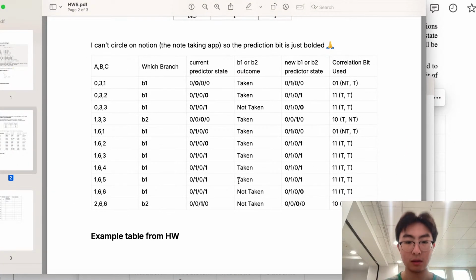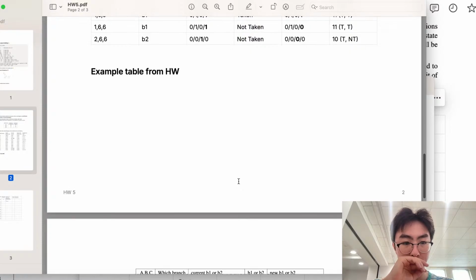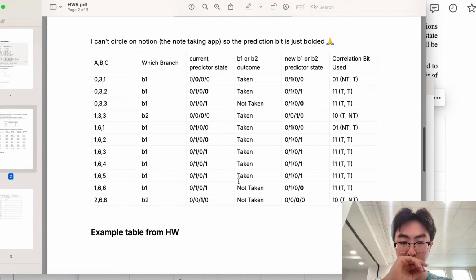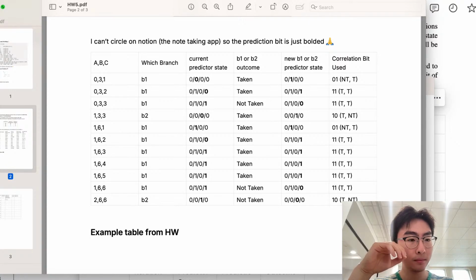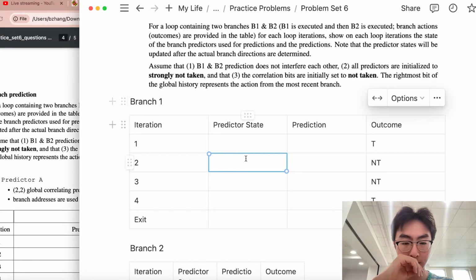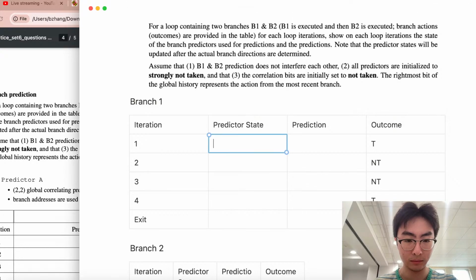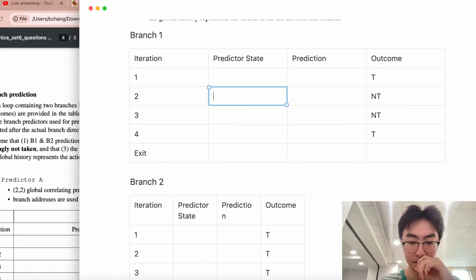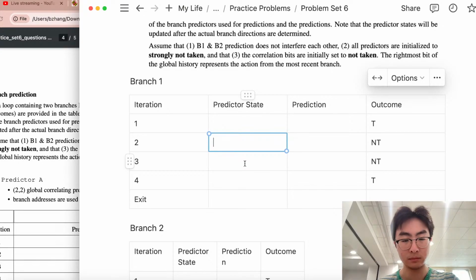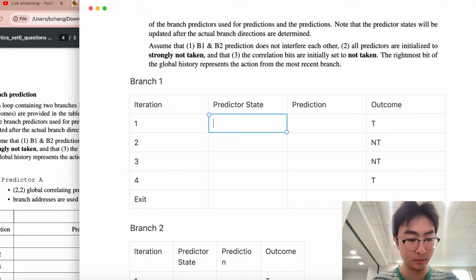Nice. So everything is originally not taken.